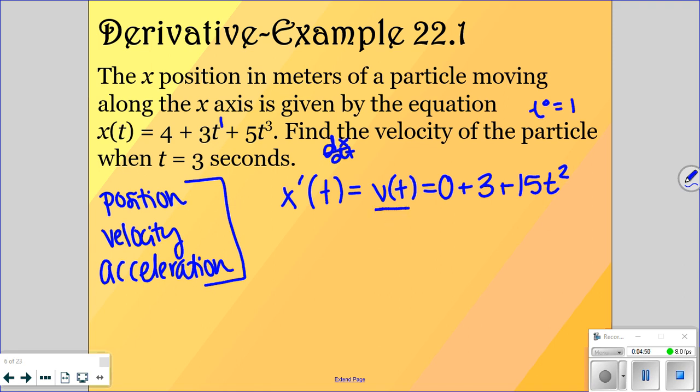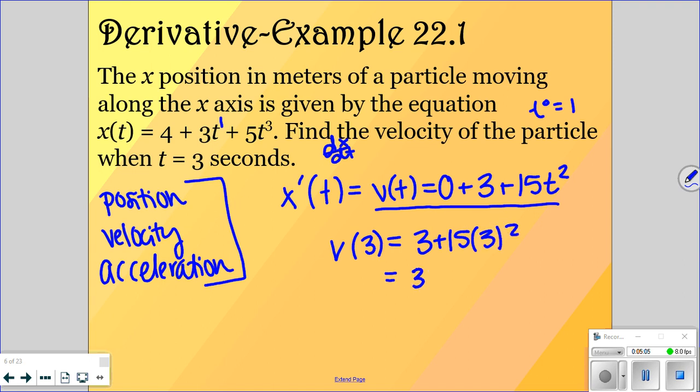So this is your velocity function. And it says find the velocity when t equals 3. So what is the velocity at 3? Well, we're going to have 3 plus 15 times 3 squared. So 3 plus 9 times 15 would be 135.